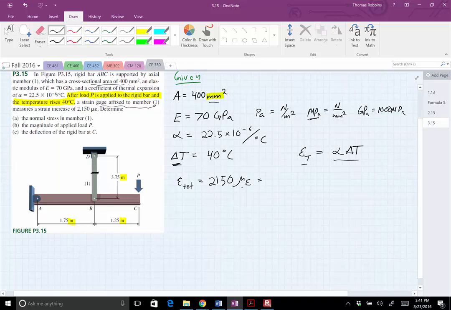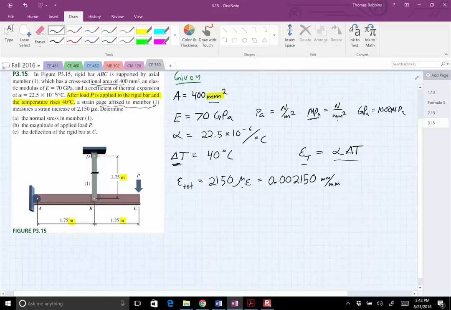If you look at the unit sheet on Blackboard, micro means we can multiply by 10 to the negative sixth. 1, 2, 3, 4, 5, 6, yeah. So this can also equal 0.002150, and that's our epsilon total. This will be millimeters divided by millimeters.